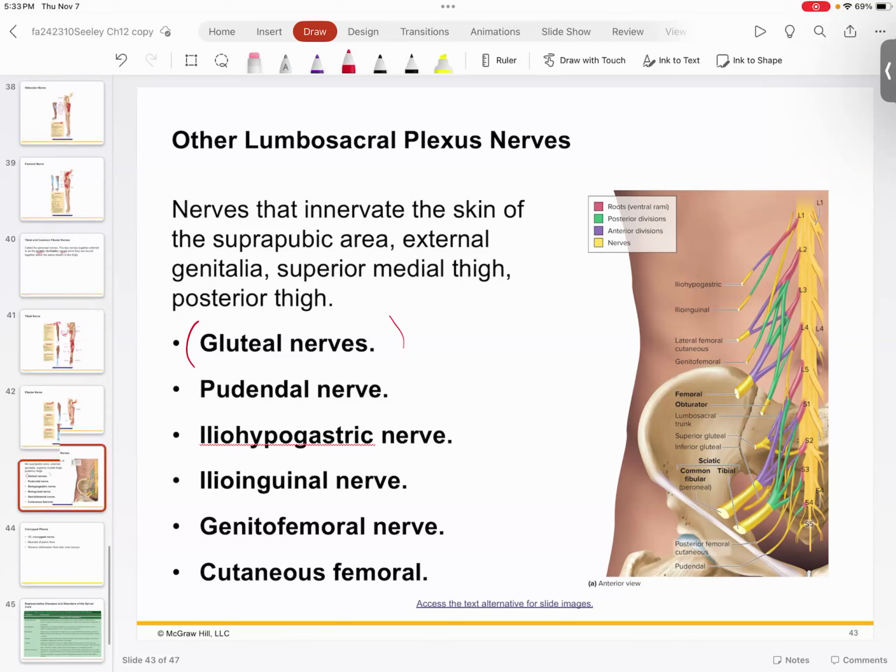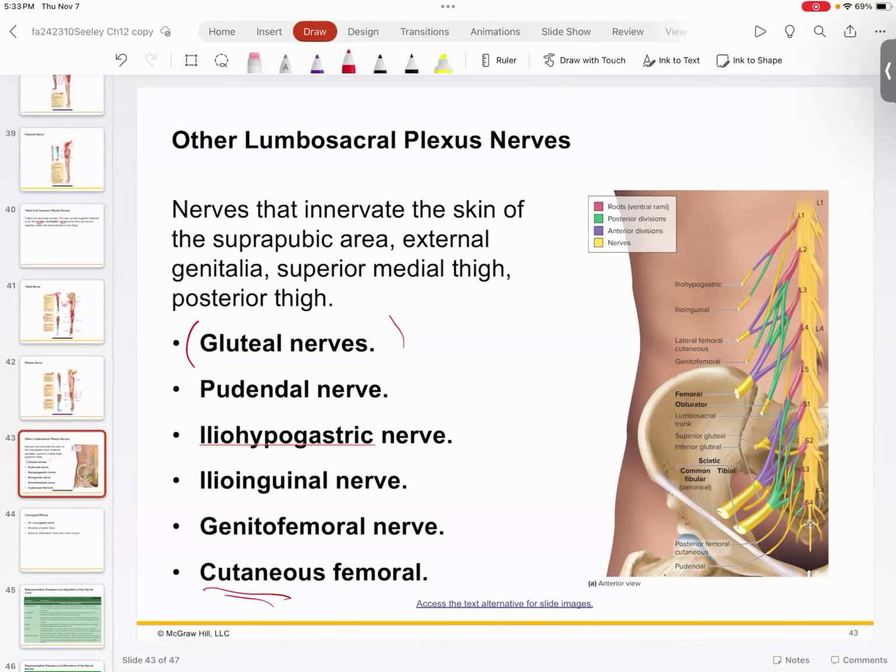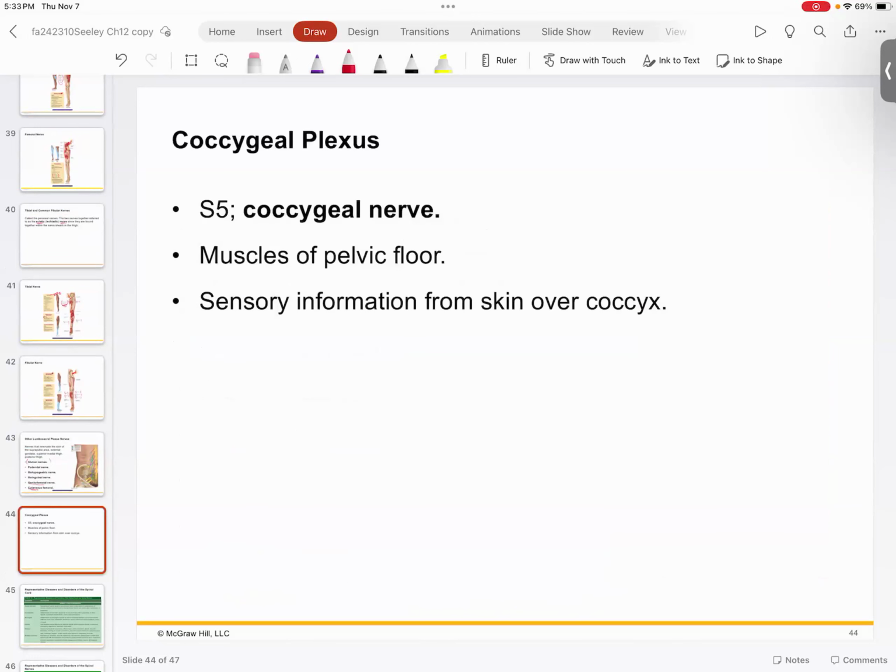There's femoral, the cutaneous, that is the skin sensation of the femoral region, the genital region of the femoral area, so the kind of combination of the two. So you have different types of nerve basically kind of shooting out everywhere in the pelvic area and the upper femoral area.